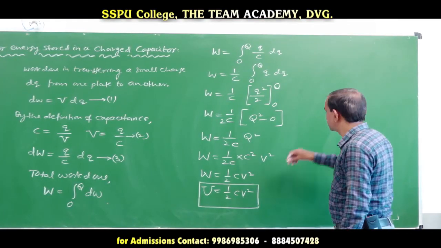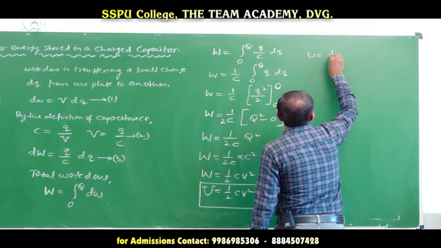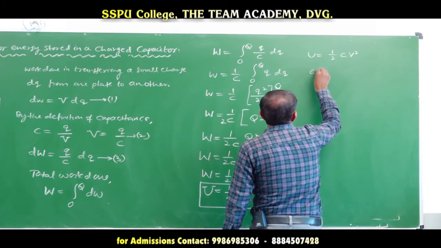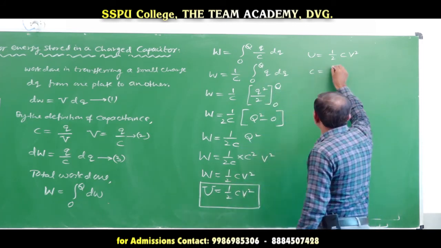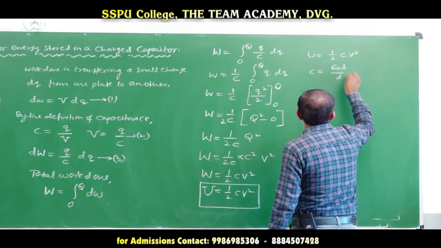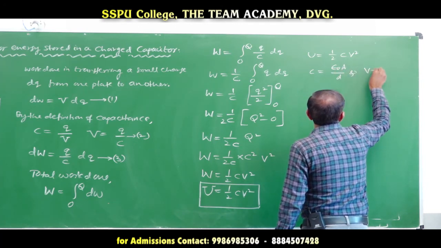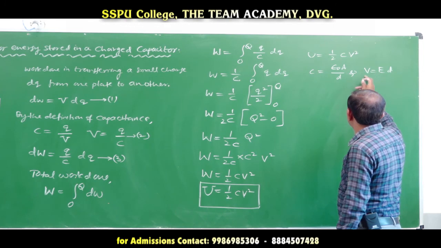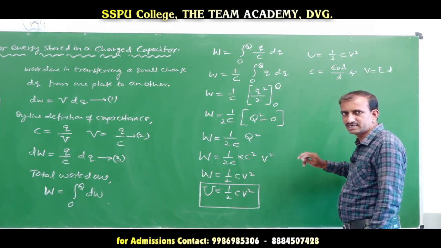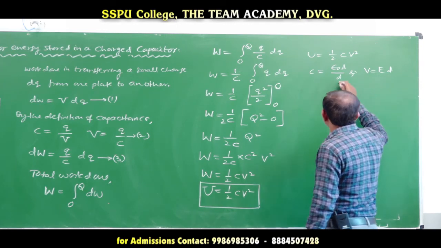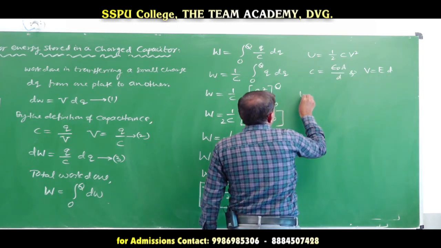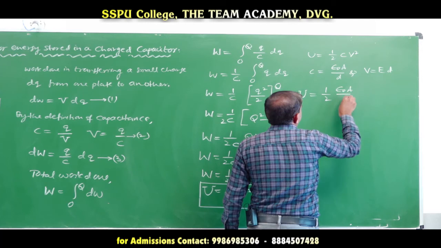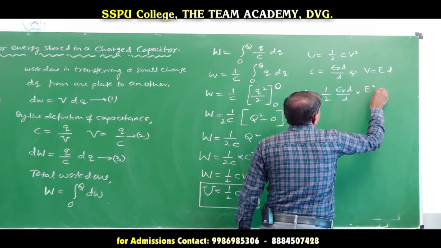Now consider this equation, U is equal to half CV square. Here, C is equal to the capacitance, epsilon naught A by D, and V is equal to E into D. This is the relation between electric potential and electric intensity, E equal to V by D or V equal to E into D. Substituting these values in the above equation, the energy becomes half into epsilon naught A by D into E square into D square.